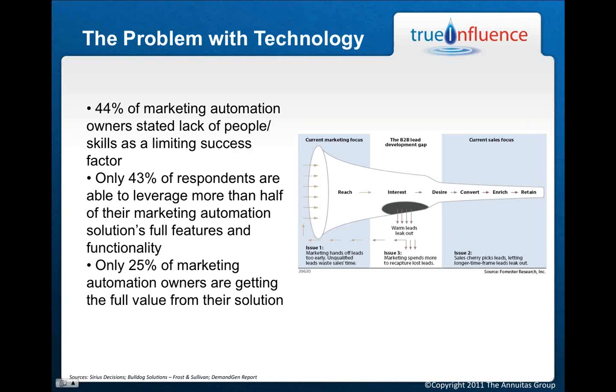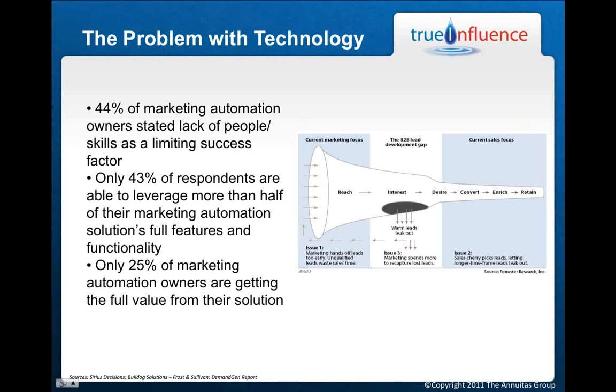And so what happens is this graphic, which is done by Forrester Research, which shows, yes, we can automate the information out to our prospects, and we can fill the top of the funnel. But if we don't have a process that defines top of the funnel all the way through to sales close, we have this gap that occurs and warm leads leak out of this funnel.